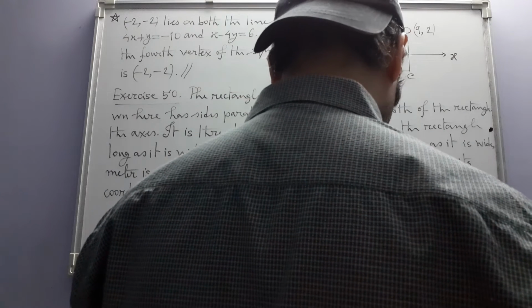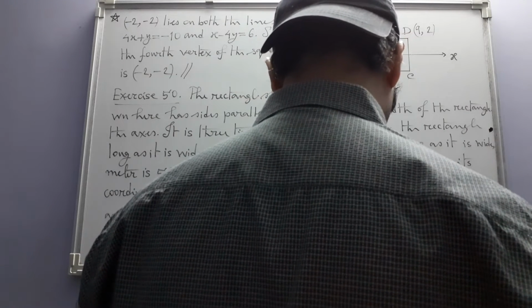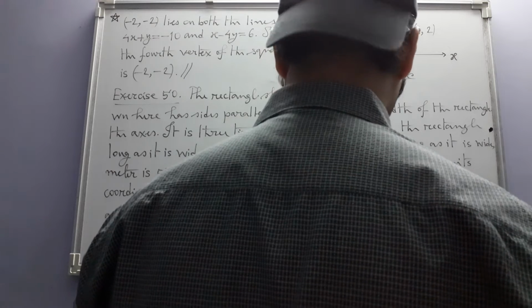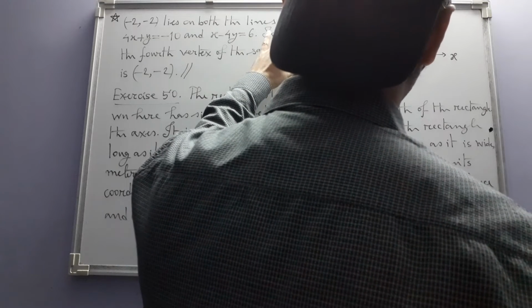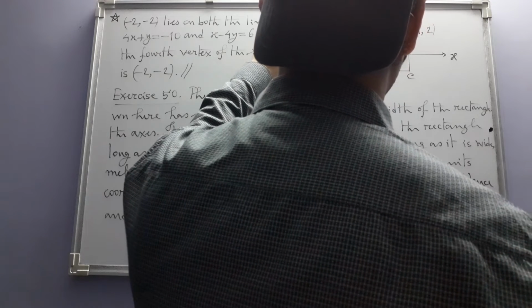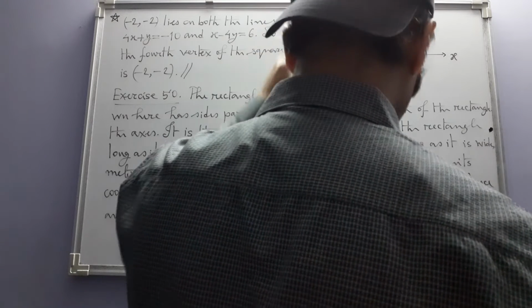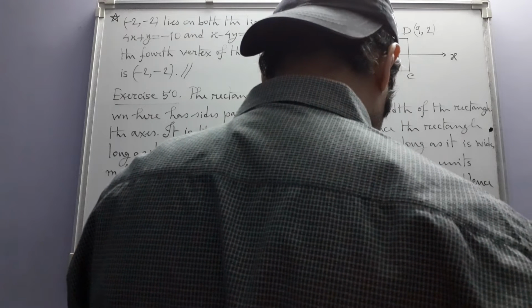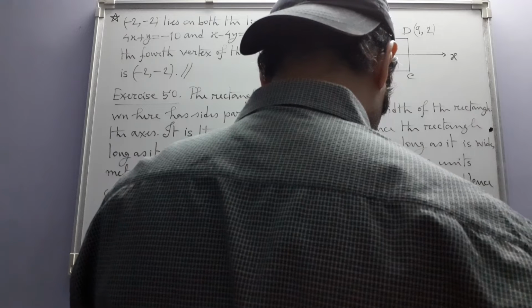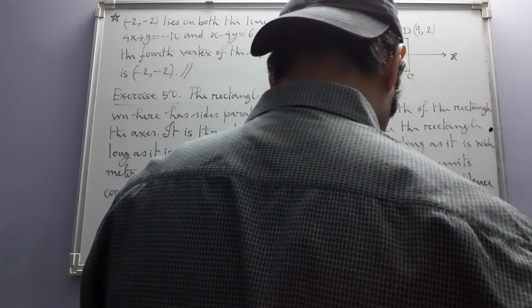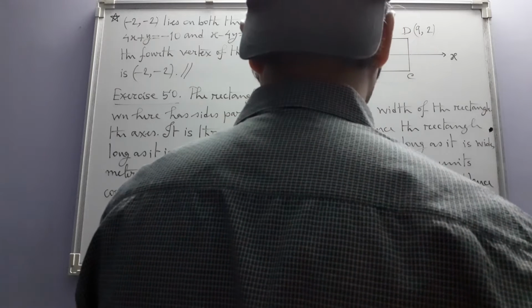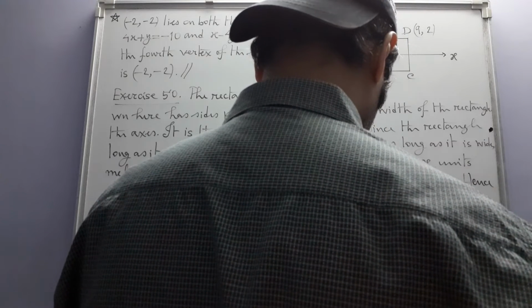Wait, is it making sense? Okay, I'm a little confused here. How can this be 7? If x is 7, that means what?